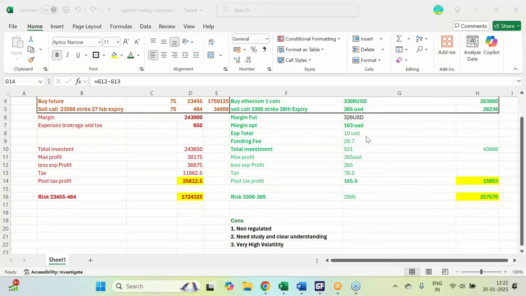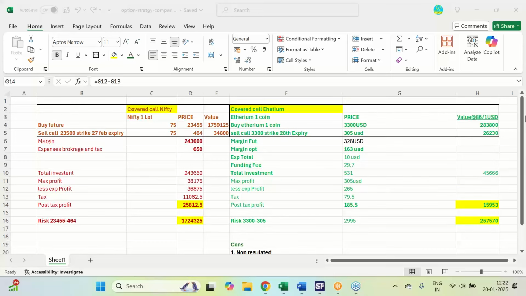Since it is a crypto domain, for Nifty to fall from 23,000 to 0 looks impractical. But this 3,000 can come down to 0 also. That kind of risk the crypto domain has. This can come down to 0.